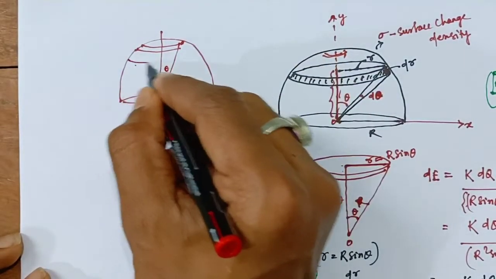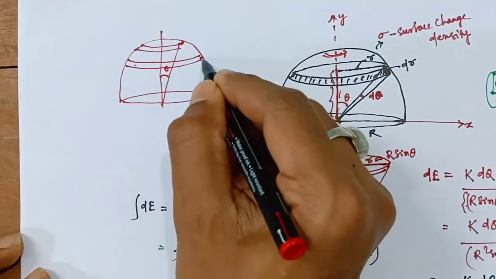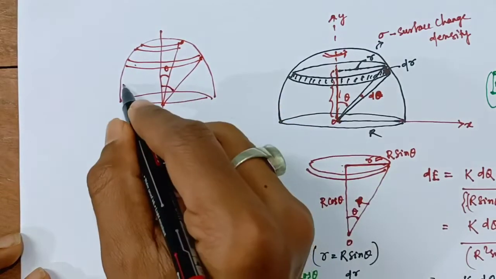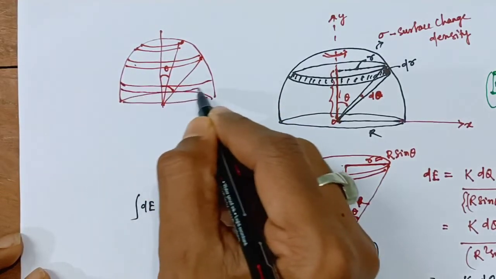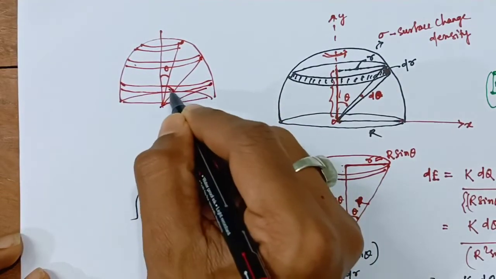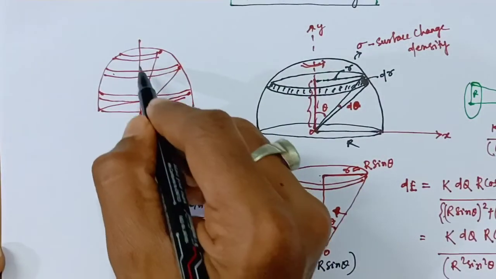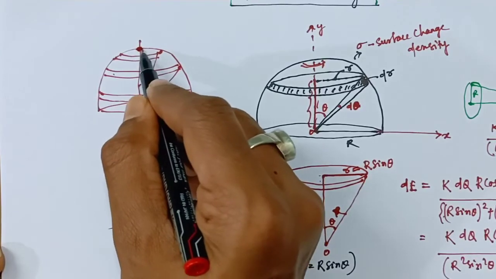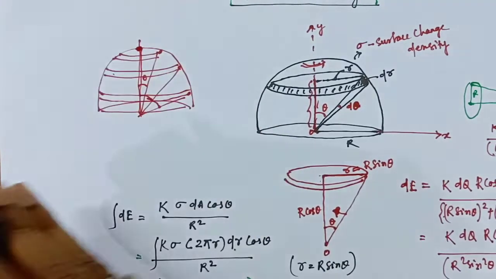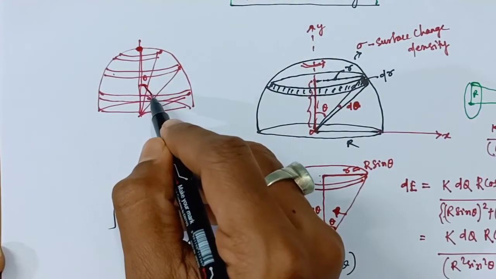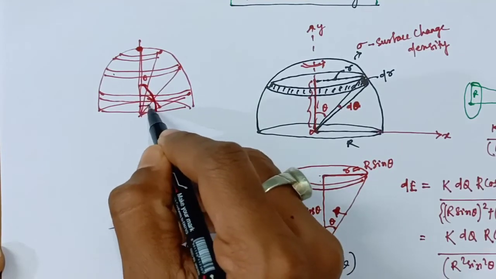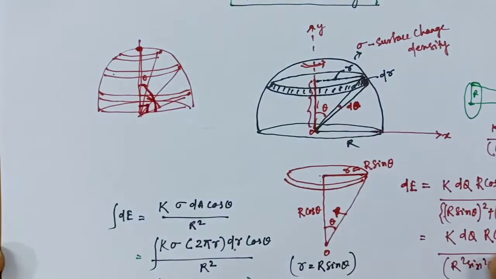If I take a little larger ring, theta will be like this, and a little larger ring, theta will be like this. A student must imagine these things. So the theta minimum, for a small element, is very small, it is 0, and it goes on increasing, and the maximum will cover an angle of pi by 2.